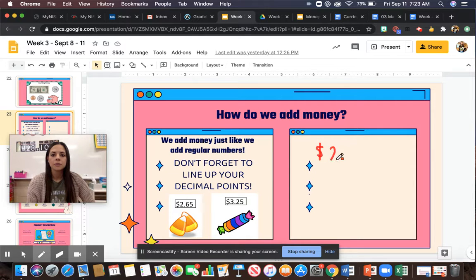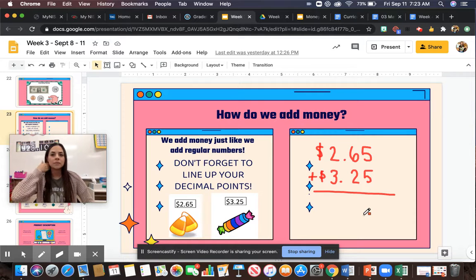So I have $2.65 plus $3.25. You'll add this up just like you add regular numbers, but watch how I lined up my ones place and my tens place. Just like we've been practicing in class, the decimal points are lined up. So we need to make sure that we're nice and neat.